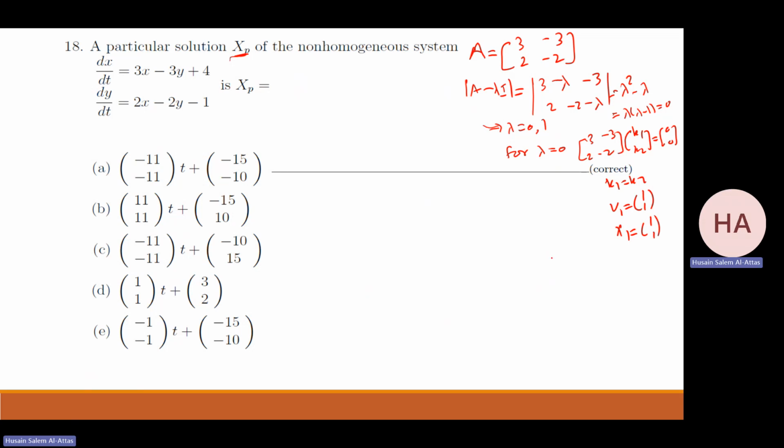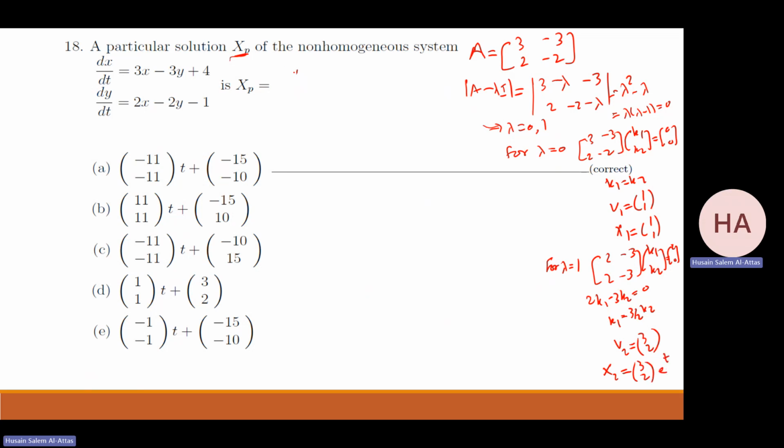Now for lambda equal 1, what will you get? You'll get 2 minus 3, 2 minus 3, 0, 0. So you have 2k1 minus 3k2 equals 0, or we say k1 equals 3 over 2 k2. So I let v2 be 3, 2, and x2 is 3, 2 e to the power t.